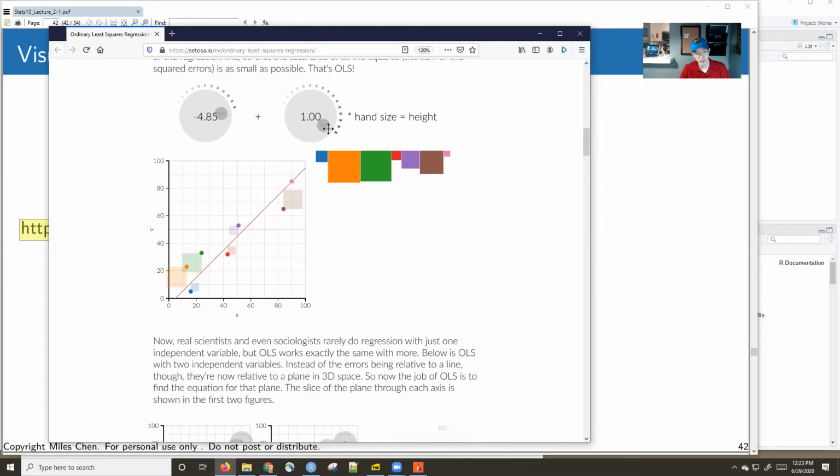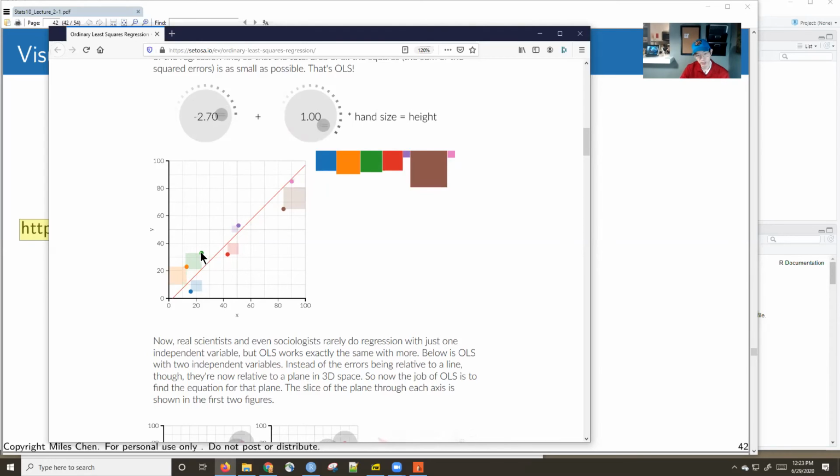All right, so what is going on with these boxes? What we're seeing is this line represents our prediction, and this dot is the actual value. Therefore, the vertical distance from the dot to the line is my residual.